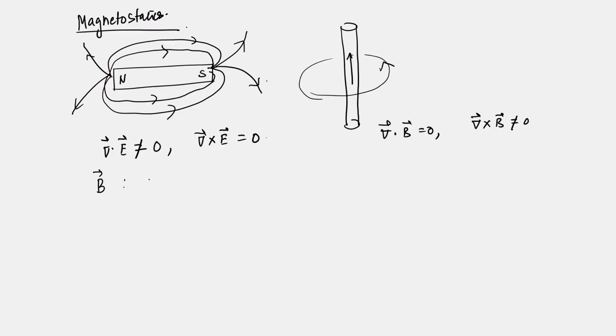The SI unit is Tesla, and it is also expressed in Gauss, and the relationship is that 1 Tesla is equal to 10 to the power 4 Gauss.